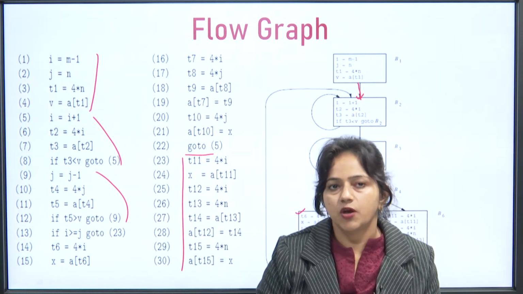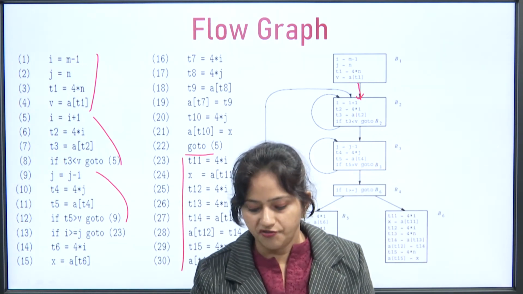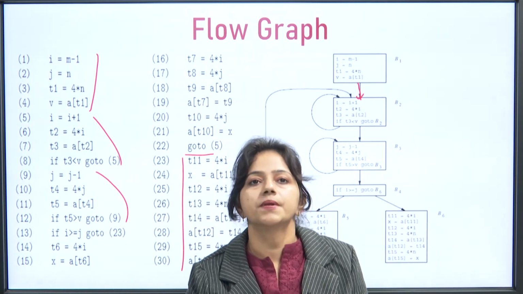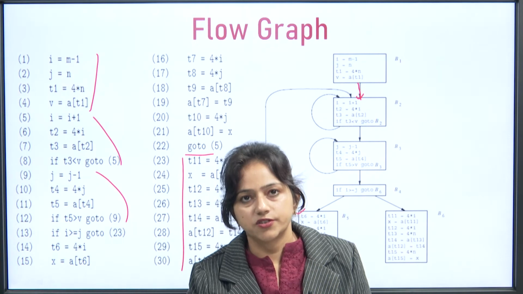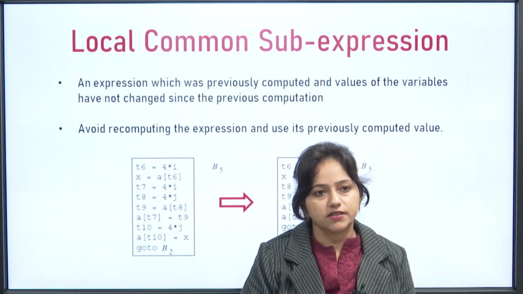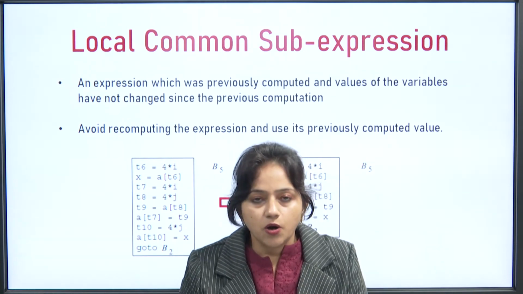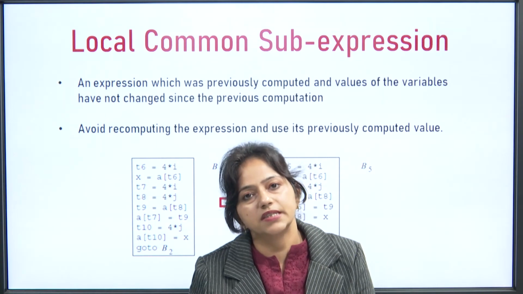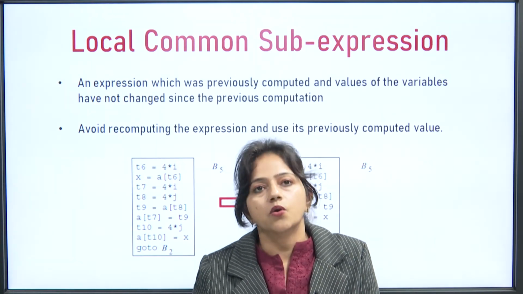So up to here we obtained the 3 address code and finally its flow graph, which is nothing but the graphical representation of the 3 address code. Now we will discuss the code optimization techniques. In code optimization we use transformations that preserve the semantics of the code.